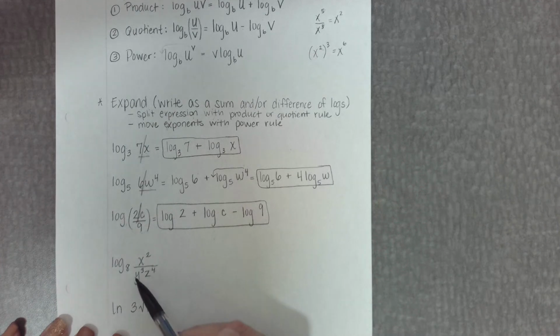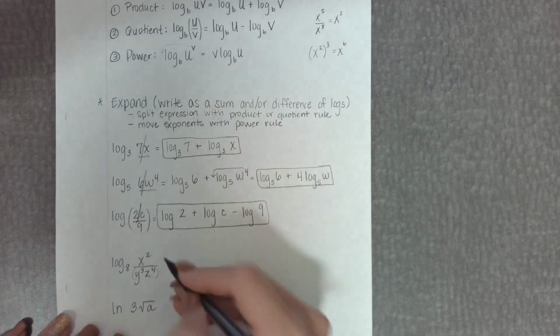So you think of it as dividing by 2 things, so they're both going to be subtraction. Or others may look at it and think of it as this right here on the bottom is a product because they're being multiplied together. So you may think of that as needing to be separated as addition. And both of those are correct. So I'm going to show you how it comes out.